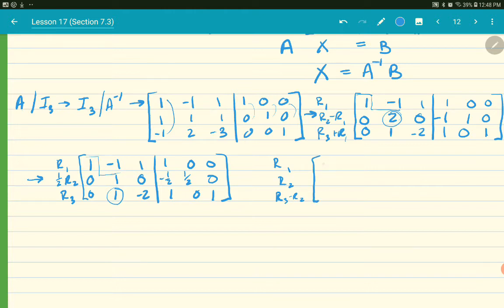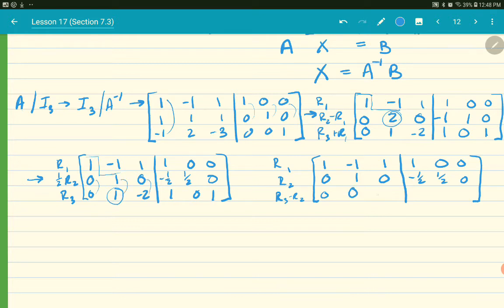which gives me, let's see, row 1 and row 2 don't change, so I'll just copy those down right away. Whoops, sorry, I went too fast there. Now for row 3, I want to subtract row 2, so I go 0 minus 0, I get 0. 1 minus 1, I get 0.